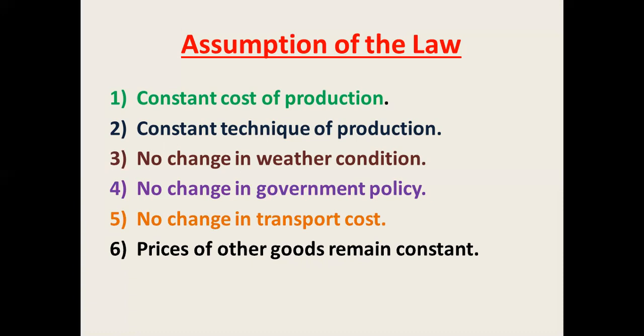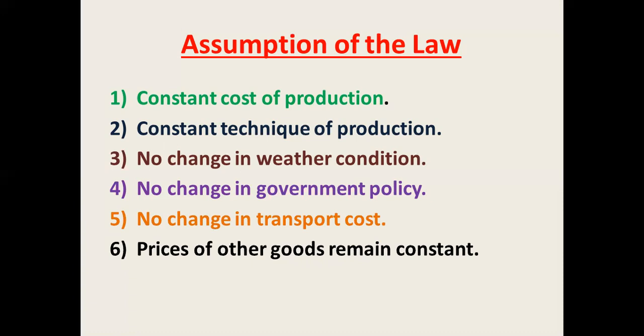It means if the transport facility is easily available and cheaper, that will increase the supply at the same price. We never consider the price falling or rising, so this is not supportable for that law. So that's why this law assumes no change in the transport cost.